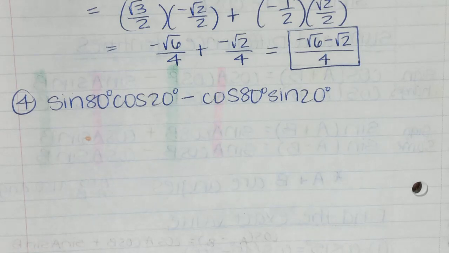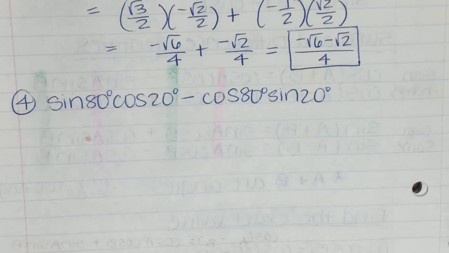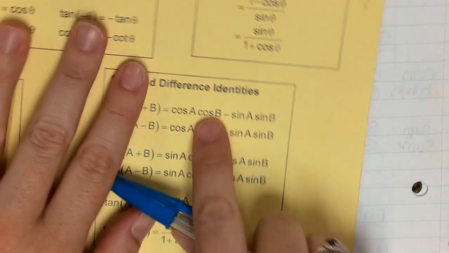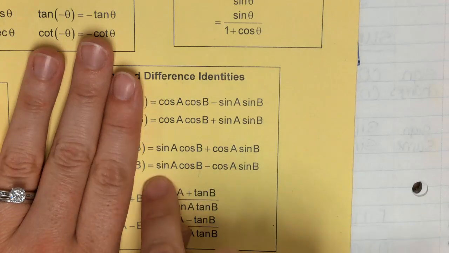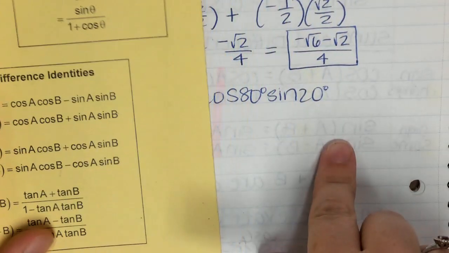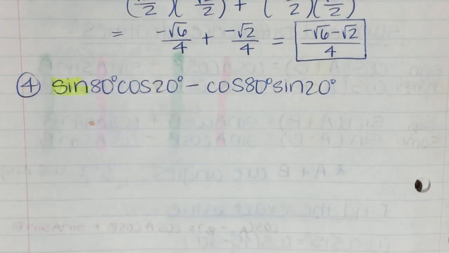Well, what some of you have recognized is, what does that look like? It looks like one of these sum and difference identities, but which one? First of all, is it going to be a sine or a cosine one? How can you tell? It starts with a sine, so it's going to be a sine identity.